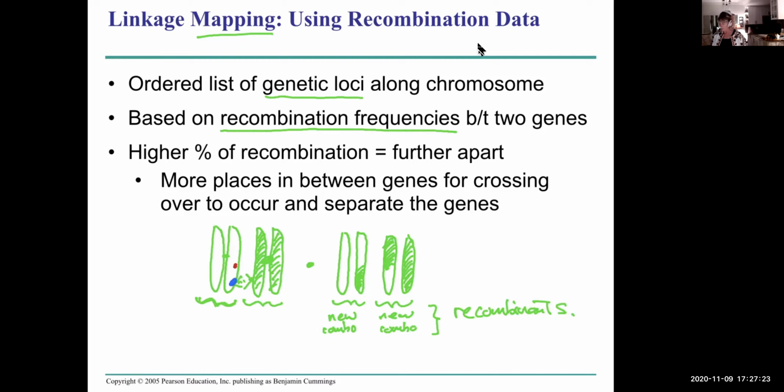And there was crossing over. So now the recombinant, they have this one still, but now this one is on a different chromosome. That allele is on a different chromosome.